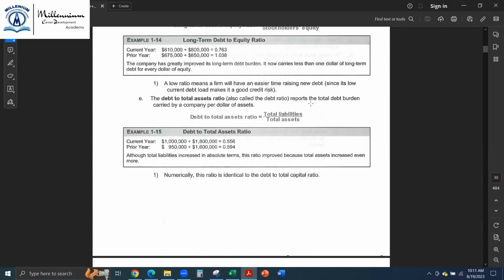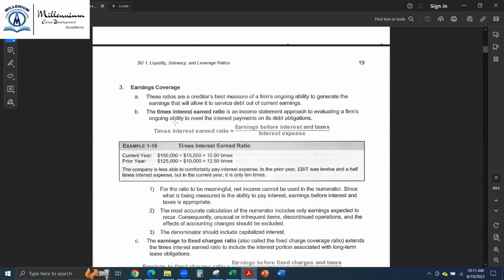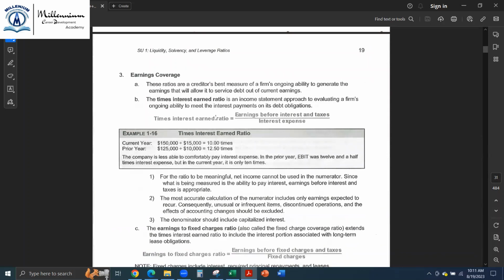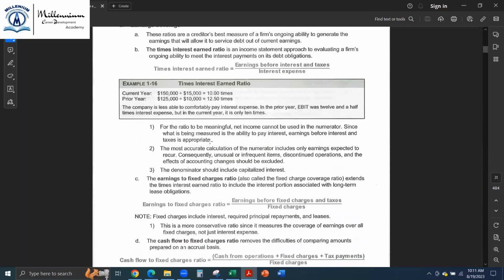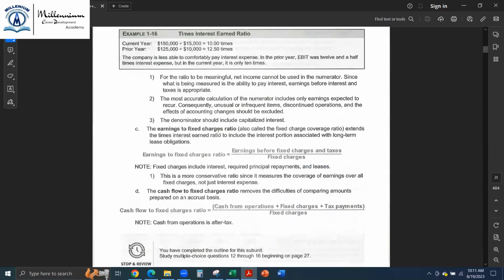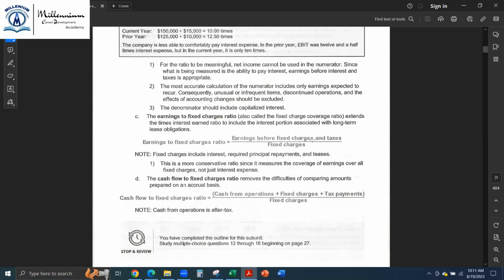It reports the total debt burden carried by the company per dollar of assets. Then the earnings coverage or interest cover ratio, the times interest earned ratio, is the same: 10 and 12.5. Then the earnings to fixed charge ratio, earnings before fixed charges and taxes.